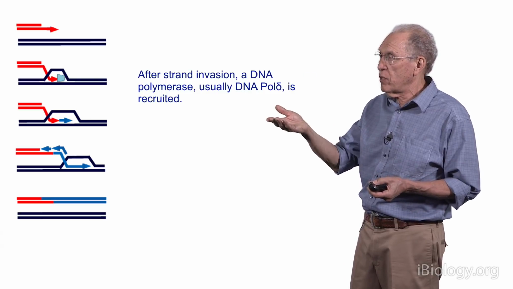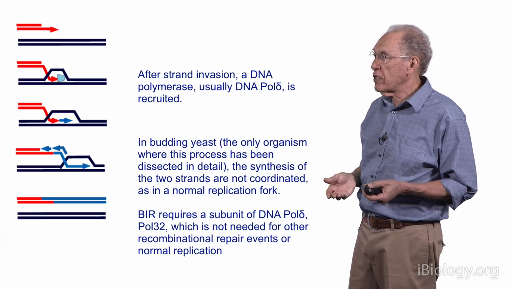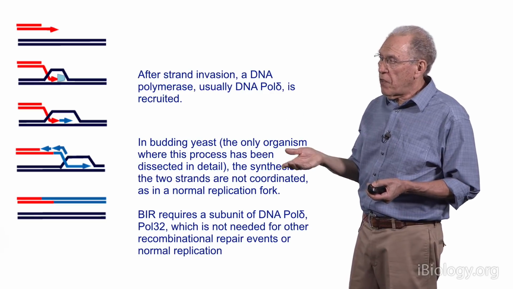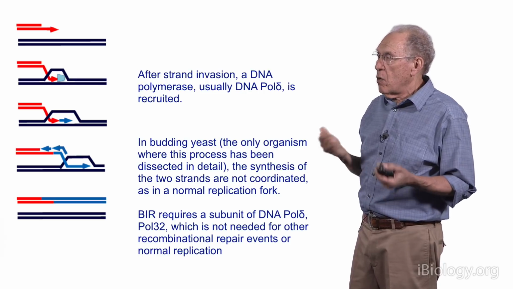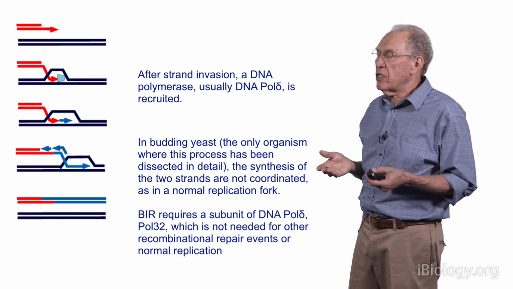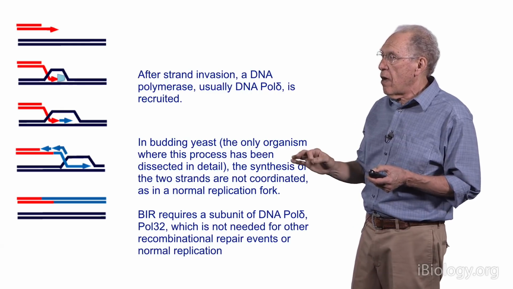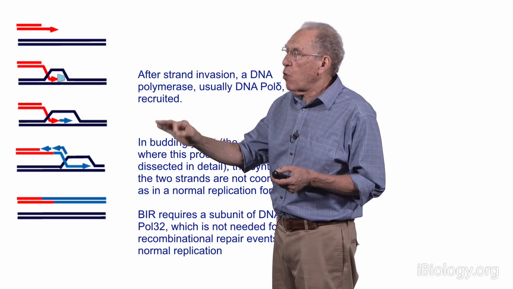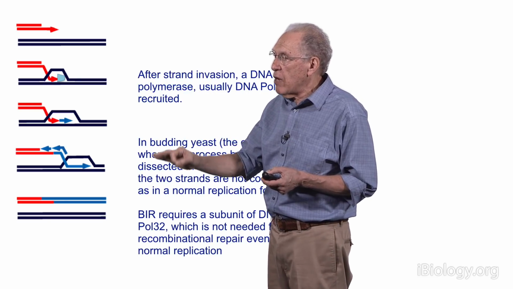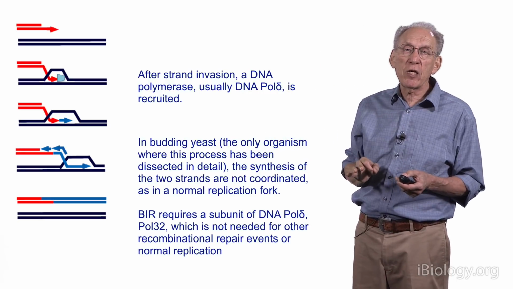So here's the recruitment of the DNA polymerase and then the initiation of this process. One of the things that we learned in studying this in budding yeast, which is the only organism where these kinds of detailed molecular studies can be done so far, is that this process requires DNA replication components that are not essential for normal DNA replication.